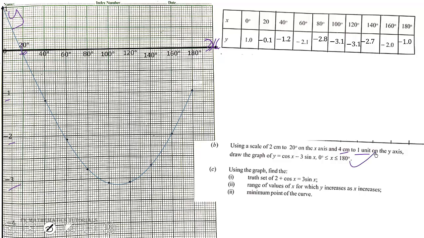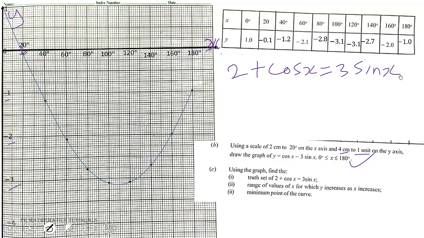Using the graph, find the solution set of 2 plus cos x equals 3 sine x. So 2 plus cos x is equal to 3 sine x.